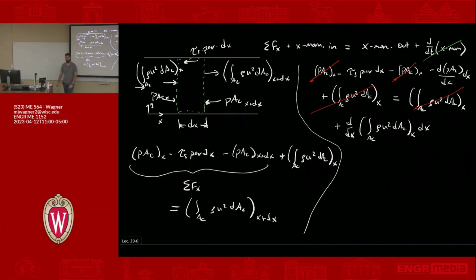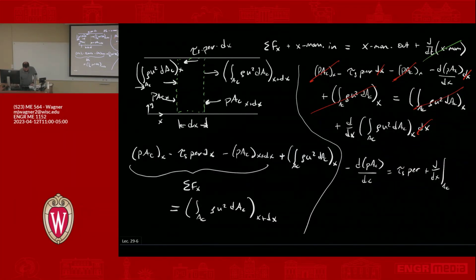So dx can go away as well, which is good because we never want to carry around dx's. And then we're left with this simplified equation: minus d P A c dx is equal to tau s times perimeter plus d dx of the area integral of rho u squared d A c.